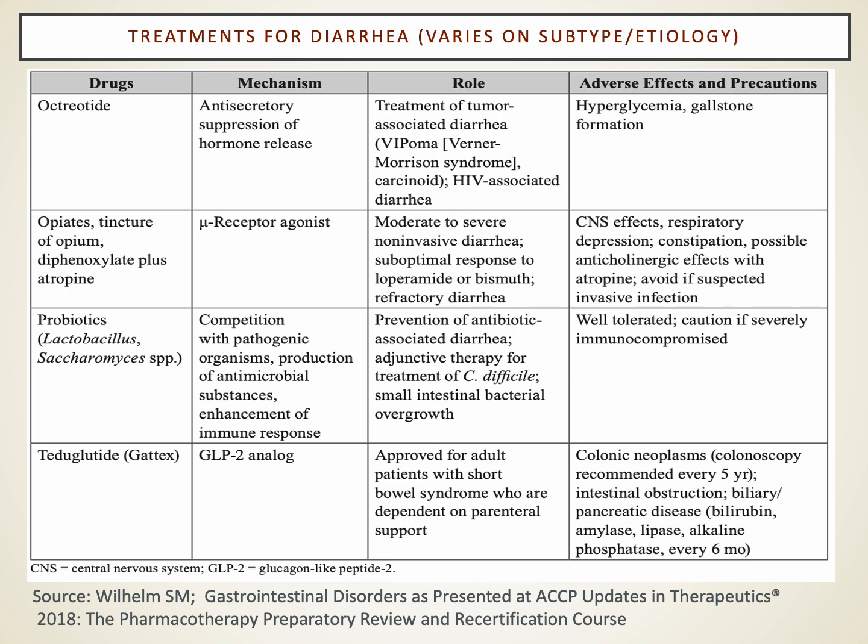And then there's an agent we haven't talked about for individuals with short bowel syndrome who are dependent on parenteral support with diarrhea, the GLP-2 analog, Gattex. And again, this is probably only going to be ordered by a gastroenterologist, using a glucagon-like peptide analog.